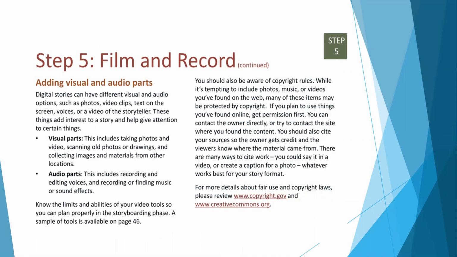Digital stories can have different visual and audio options. You can use photos, video clips, text on the screen, voices, background music, video of the storyteller, interviews, and so on. These things add interest to a story and help give attention to certain things.